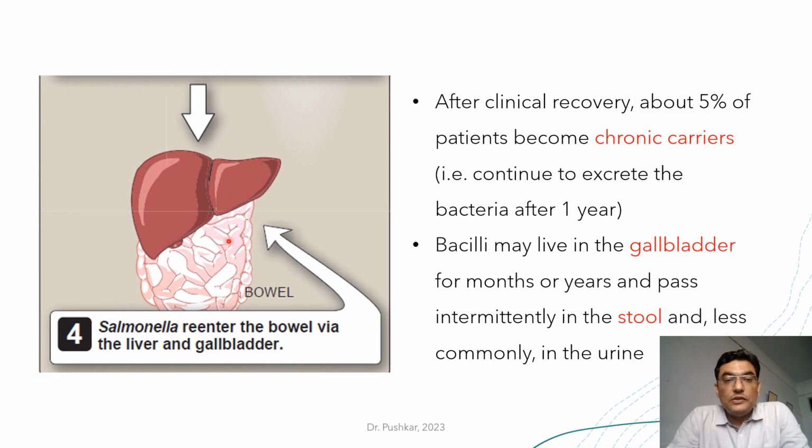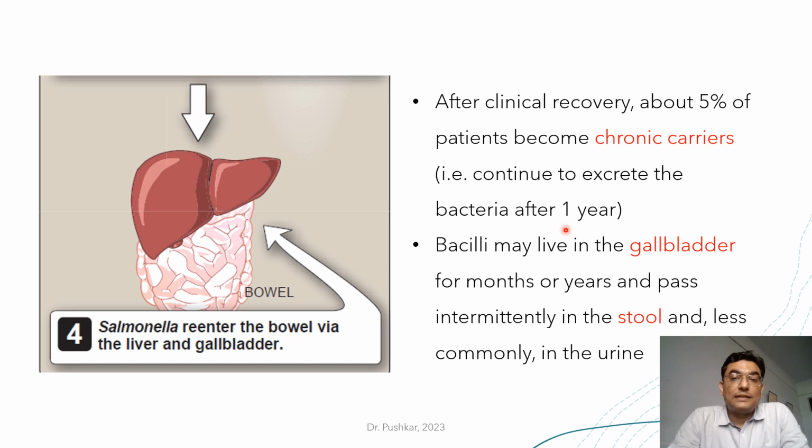Usually the patient recovers with good treatment, but sometimes in 5% of cases the patient may become a chronic carrier. These patients usually excrete the bacteria even after 1 year.